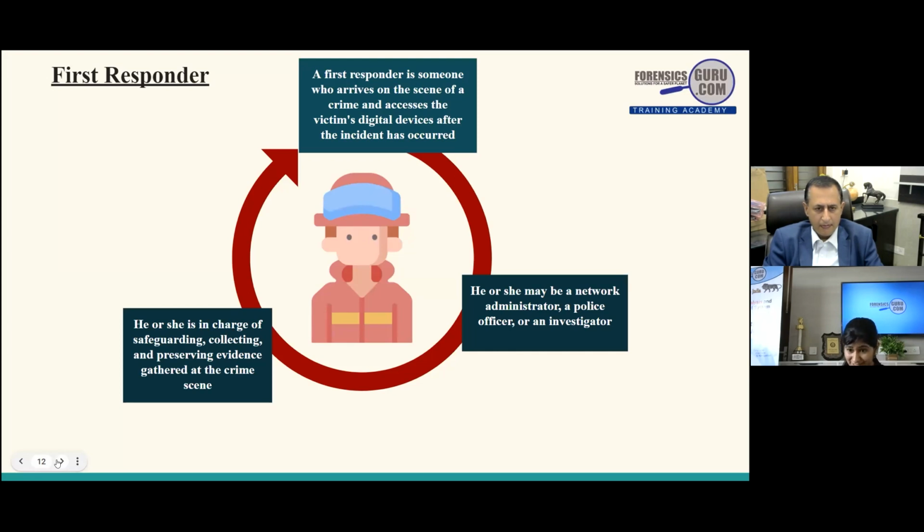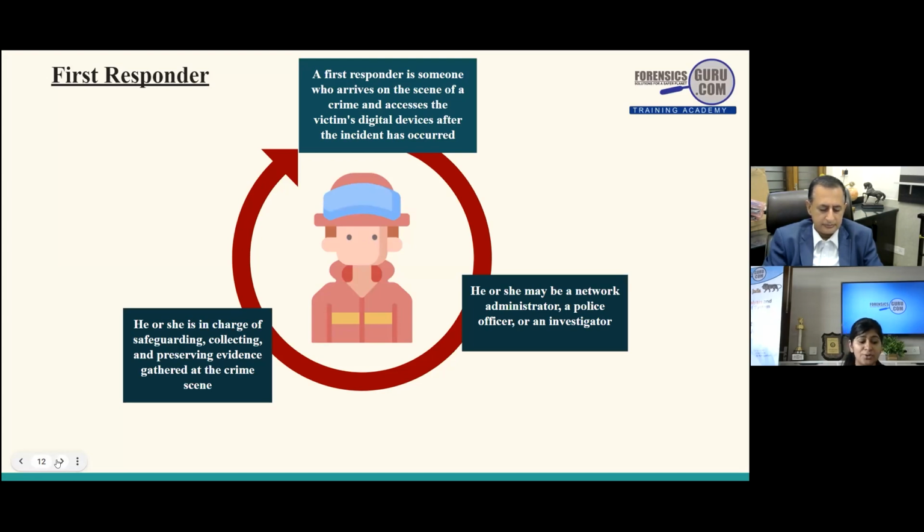The answer is the first responder. The first responder is the person who arrives at the crime scene for the first investigation or first examination. Sometimes the first responder can be a single person, or sometimes different people from different categories also act as first responders.